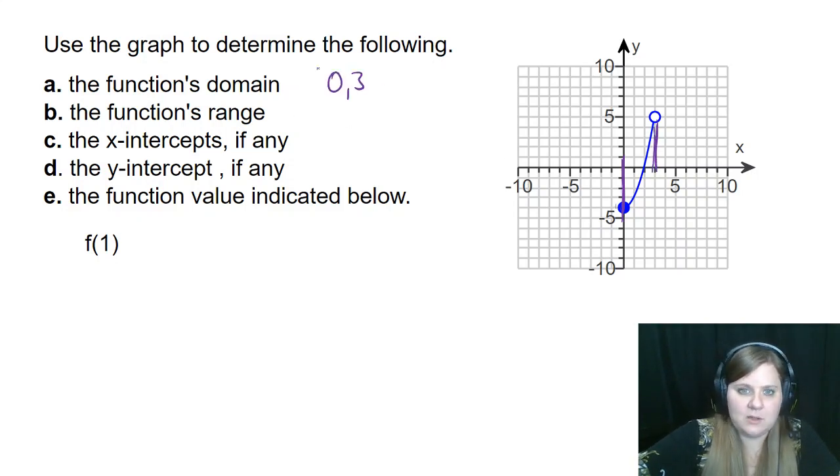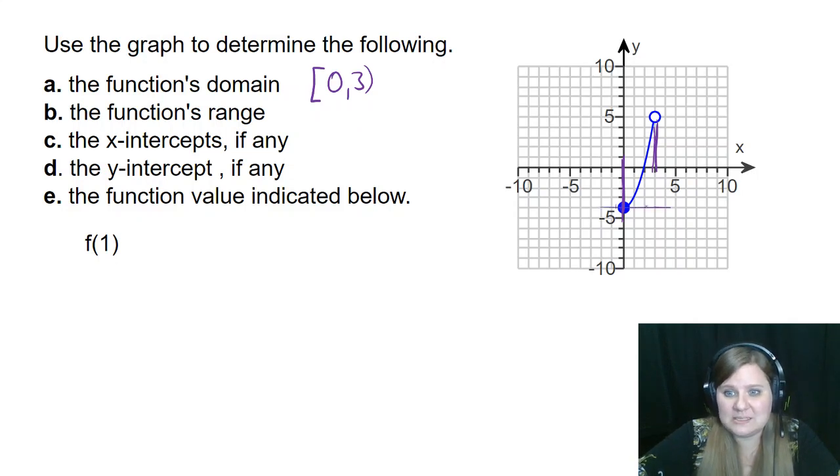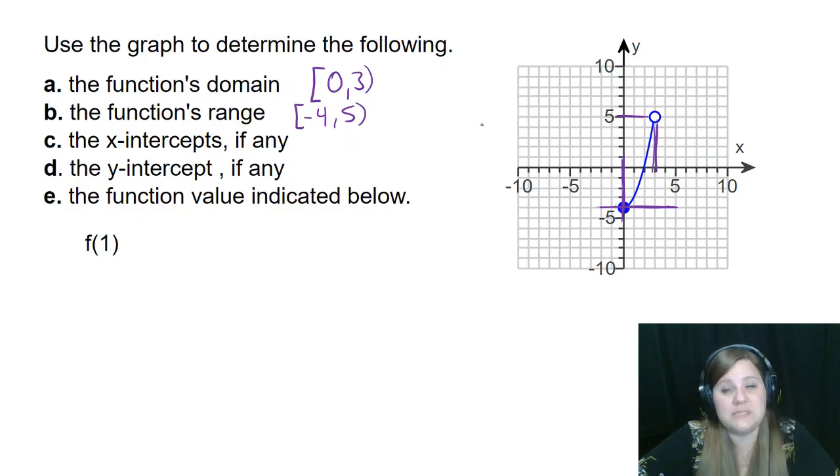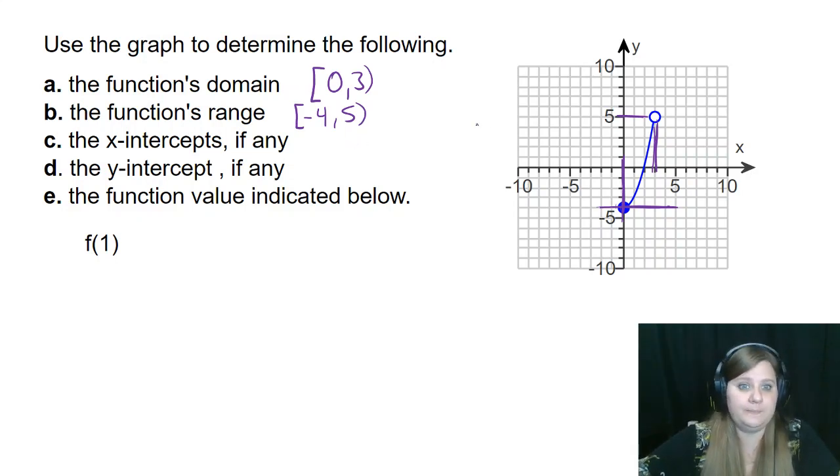The 0 is a closed circle, so it's a bracket. 3 is an open circle, so it's a parenthesis. Now the range, the lowest y value is negative 4, and the highest is 5. The lowest one has a bracket, and the top one has a parenthesis for the same reason, closed and open.